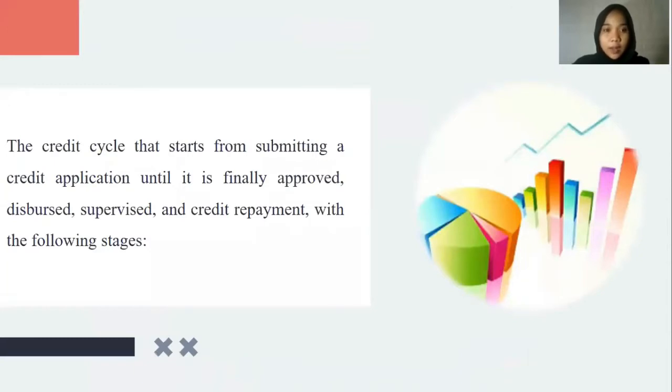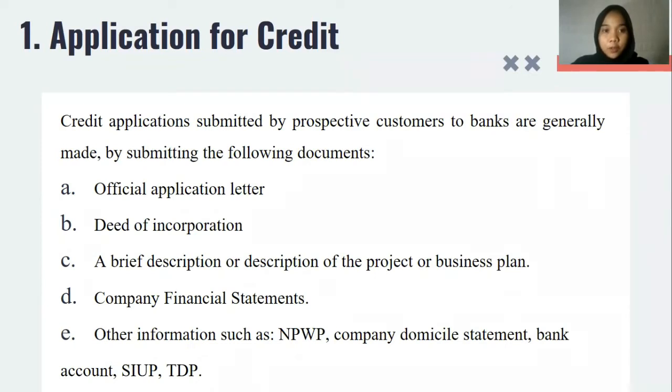The credit cycle starts from submitting a credit application until it is finally approved, disbursed, supervised, and the credit repaid, with the following stages. First, application for credit. Credit applications submitted by prospective customers to banks are generally accompanied by the following documents: A. Official application letter.